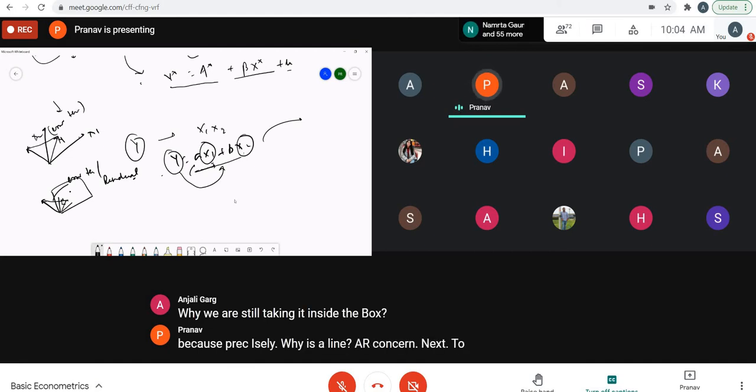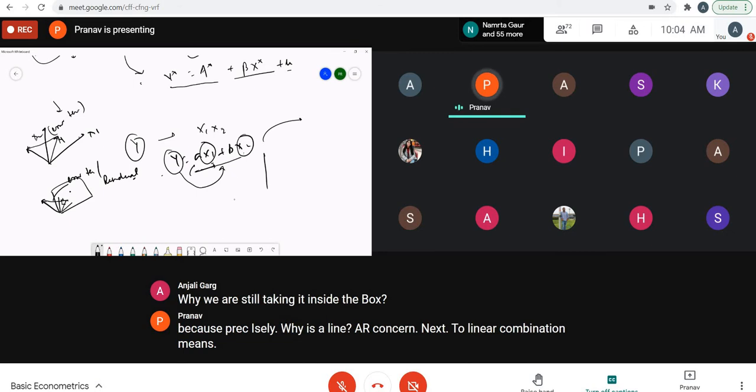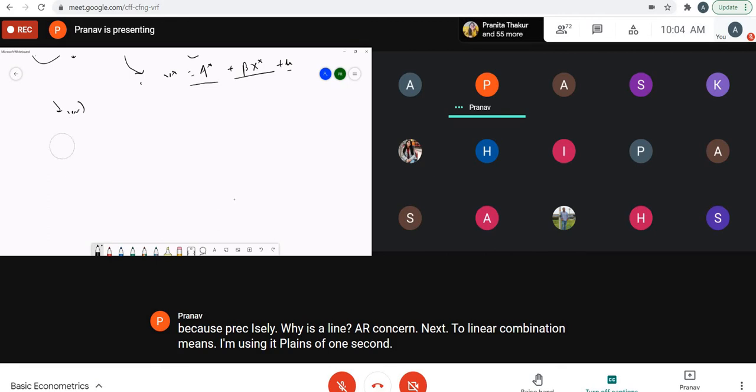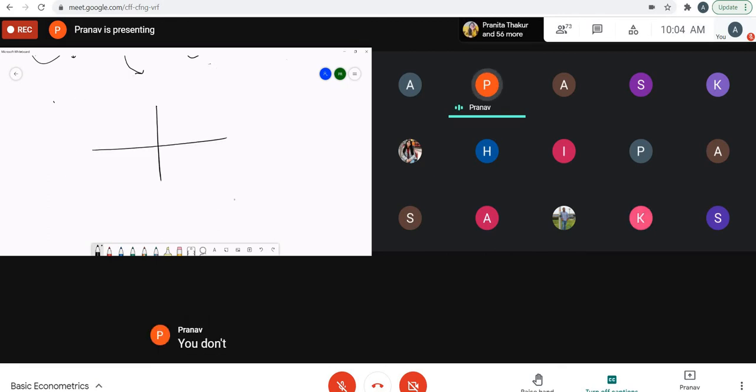Linear combination means, हमने उस दिन ये plane जो आपका जो, one second. ये जो quadrants बनाते हैं सिंपल 2 डायमेंशन का, ये आपका x dash, ये y dash, exactly these quadrants are, what are these quadrants?